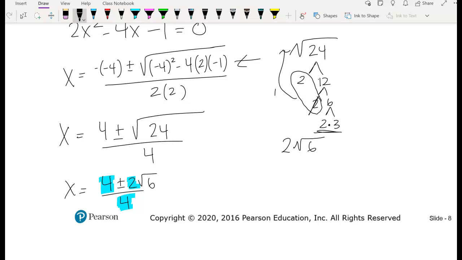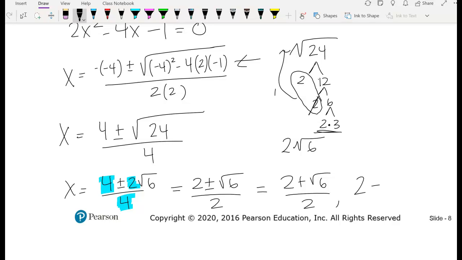And it looks like we can take out a 2 from each of those. So it'd be 2 plus or minus, and that's a 1 square root 6, so it'd be just square root 6 divided by 2. So your answers are 2 plus square root 6 over 2, and 2 minus square root 6 over 2.